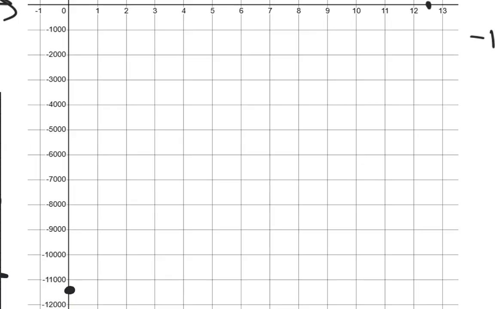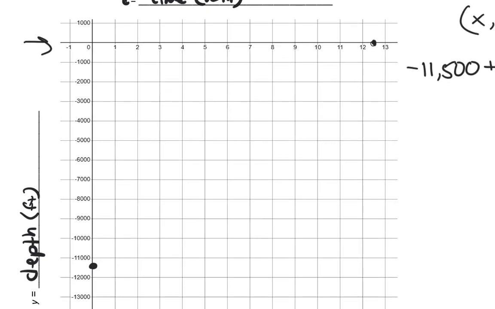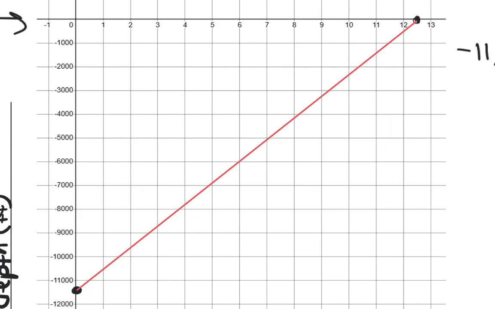So it just wasn't going to be useful. But if I have these 2 points and I draw that line, I get a really nice graph there. Very straight line. It starts at time 0, ends at time 12.43, starts at negative 11,500 and rises up to sea level, right? Right at 0.